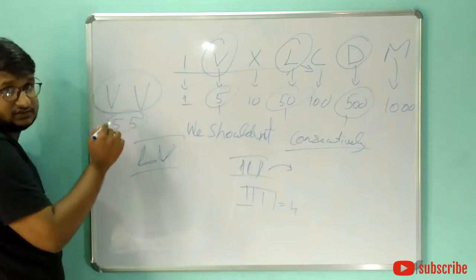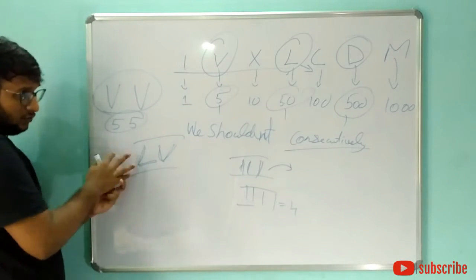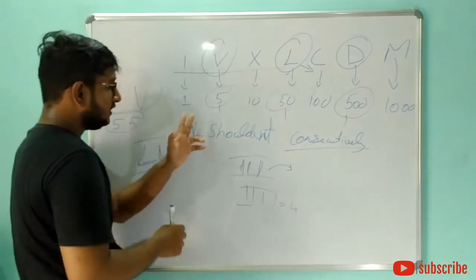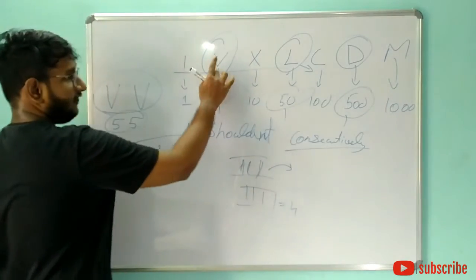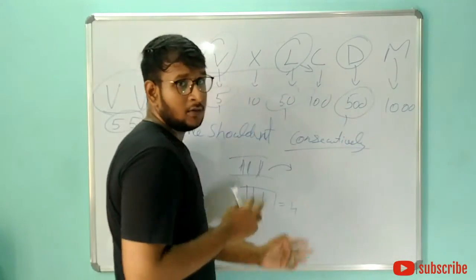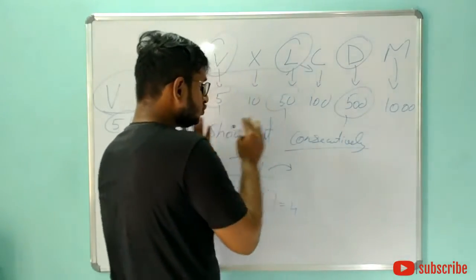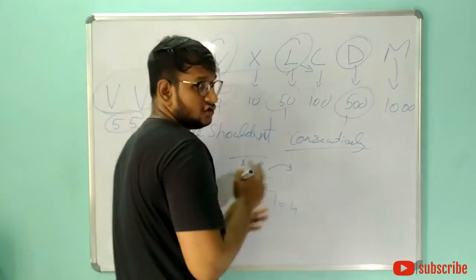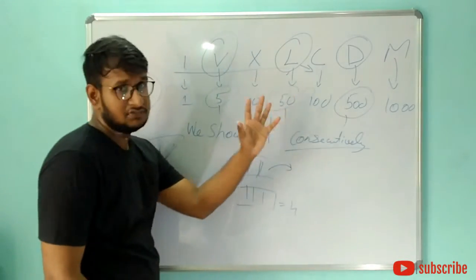Rather than using the repeated form, this is one of the reasons why we are not using V, L and D, that is 5, 50 and 500, more than once. We should use them only once and should not repeat these three symbols in specific.